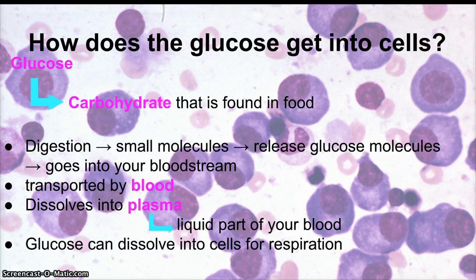Glucose is carried around our body inside our blood, and it dissolves into the liquid part of your blood called plasma. The glucose that has been dissolved diffuses into cells that need it for respiration.